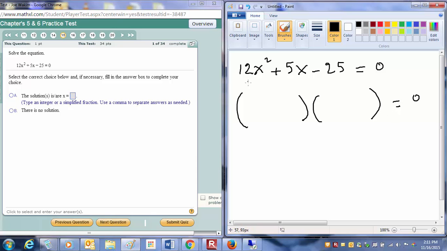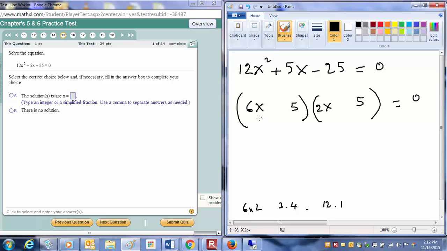So we have 12x squared. What is 12? It could be 6 times 2. It could be 3 times 4. And it could be 12 times 1. So let's try 6 times 2. If it doesn't work, then you can try 3 times 4. And here the only option is 5 times 5.